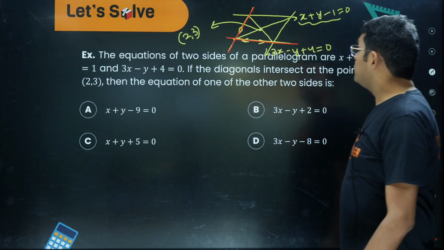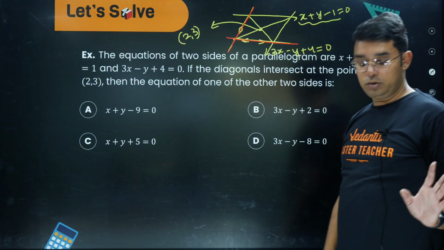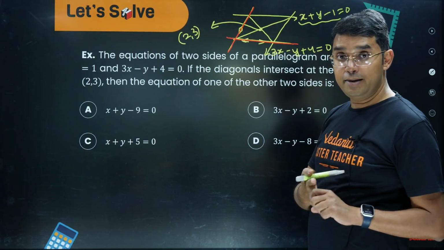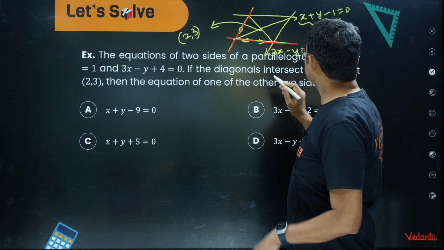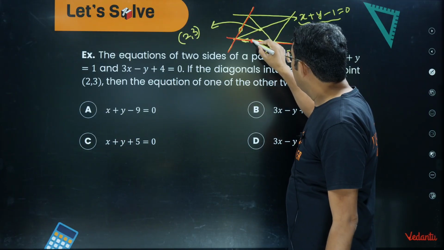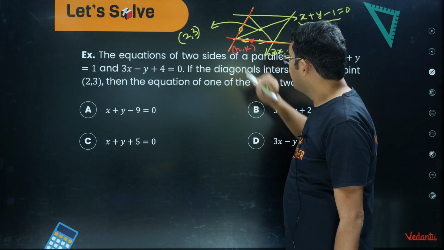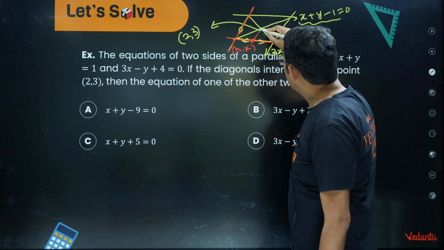Okay, so dear students, one very simple method is called the method of finding locus, which can help you here greatly. Please see how. Suppose I take any point here and call this point (h, k).